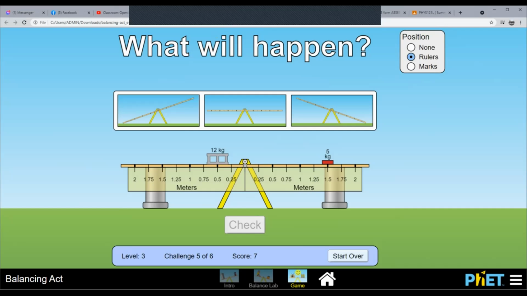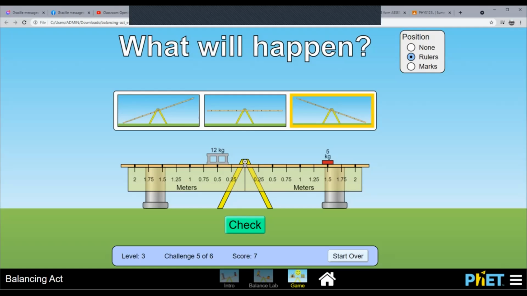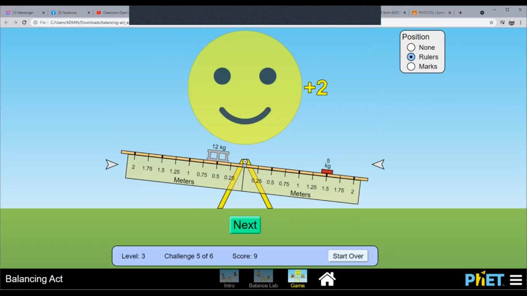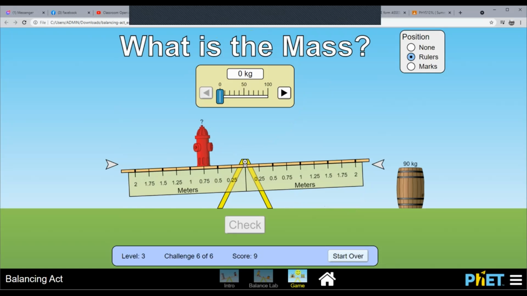Third condition po. Third condition din po. Others? Ang answer nyo ito na. Third condition. Yes po, ma'am. Okay, let us check. Okay, so that's very good. Next.